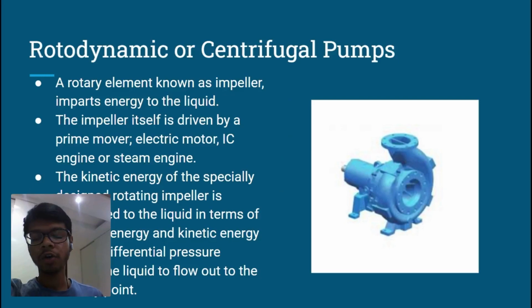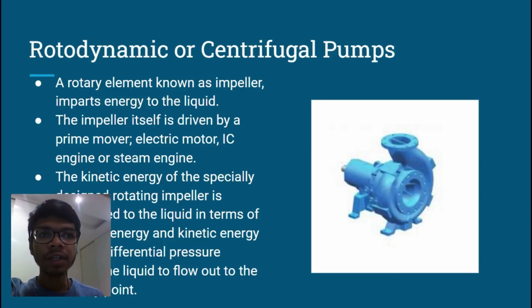So now discussing the rotodynamic or centrifugal pumps, we will be discussing more about it in detail in the further slides as well. Here is a brief introduction about it. In a rotodynamic type of pump, also called a dynamic pump, a rotary element known as impeller imparts energy to the liquid. The impeller itself is driven by a prime mover, electric motor, IC engine, or steam engine.